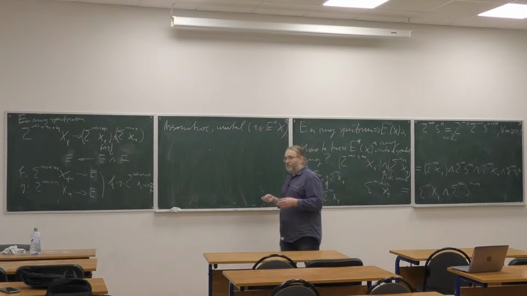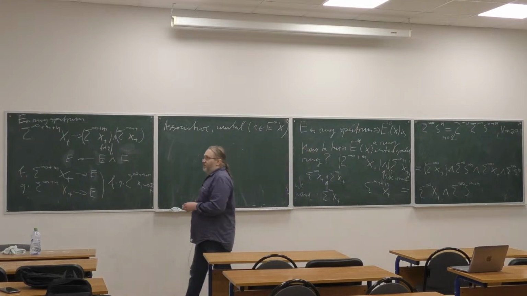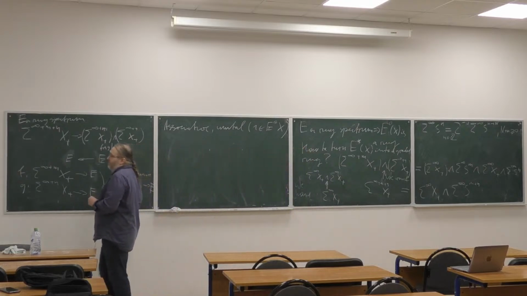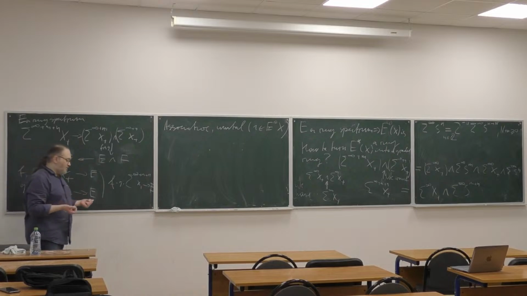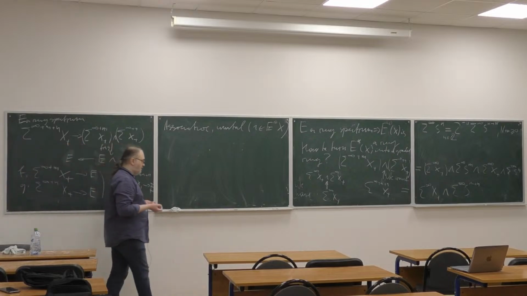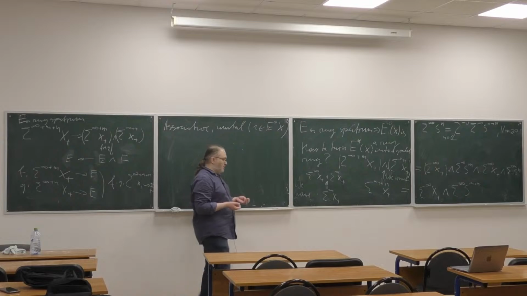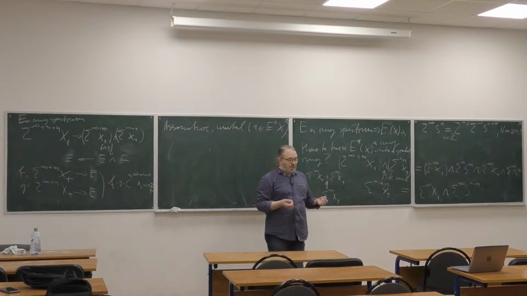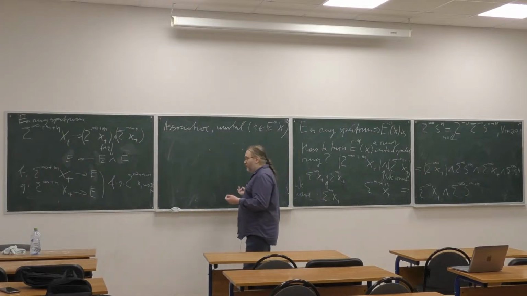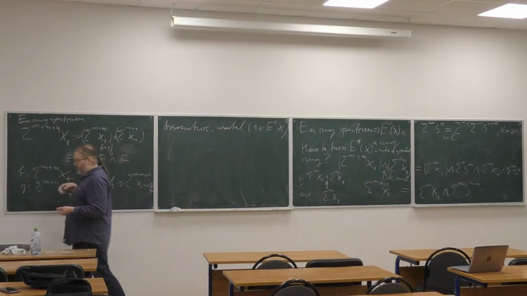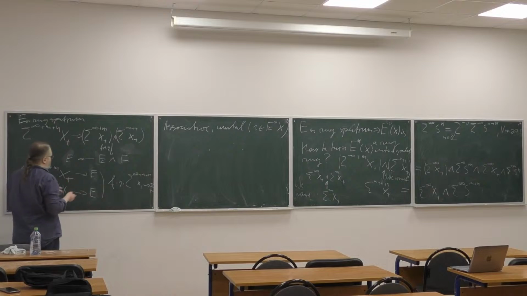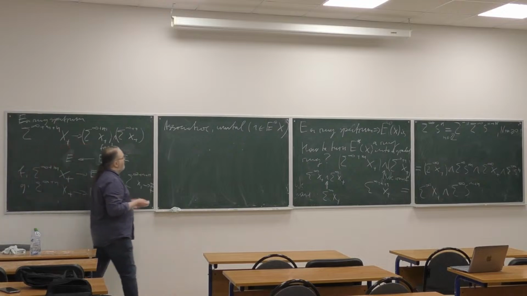X plus is an associative monoid with respect to the wedge monoidal structure. Okay.